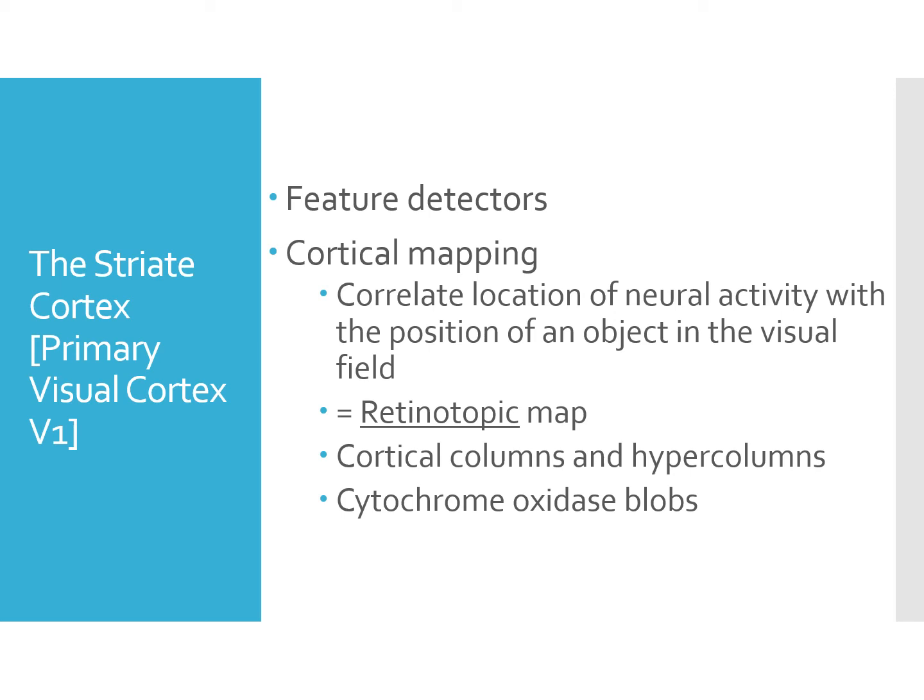That information from the retina is maintained in a retinotopic map in the lateral geniculate nucleus, and we see the same kind of retinotopic map in the striate cortex. I'm also going to discuss the cortical columns and hypercolumns as part of this mapping, or how the visual cortex is organized. And very briefly, I'm going to talk about cytochrome oxidase blobs, which are our color blobs, our blobs of color.